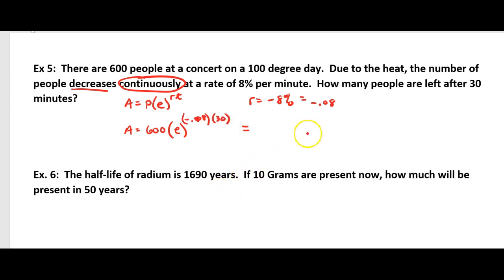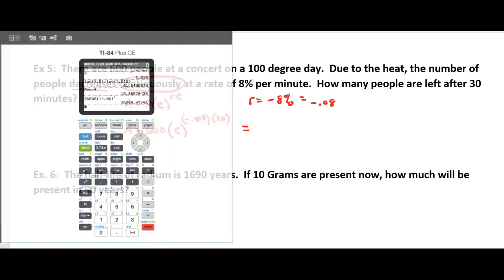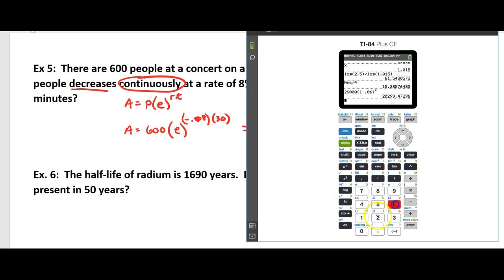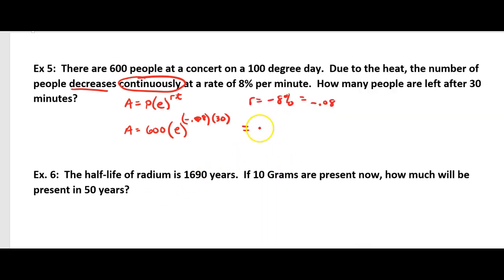And when I plug that in the calculator, I'm going to go 600 times second e to the negative 0.08 times 30, and it ends up being about 54 people left in the concert. All right.